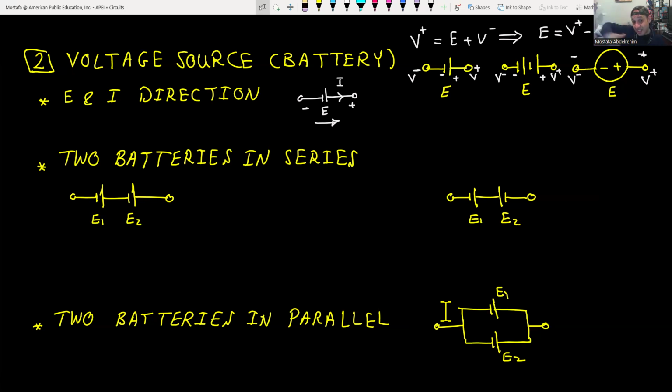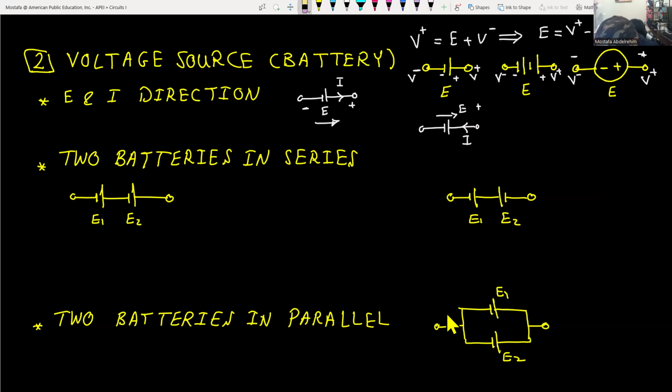In that case, the battery takes a current. So the current is going into the battery. In that case, E is positive and the current is also positive. But this is a very rare case.